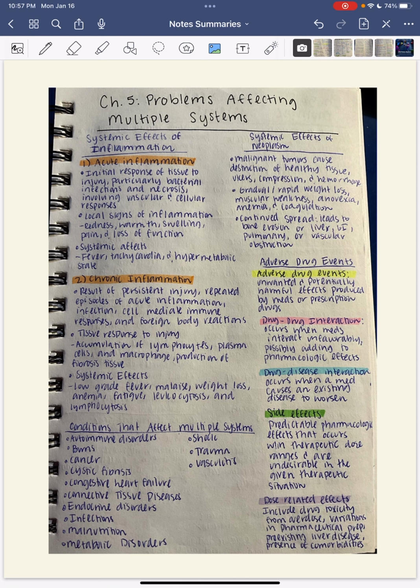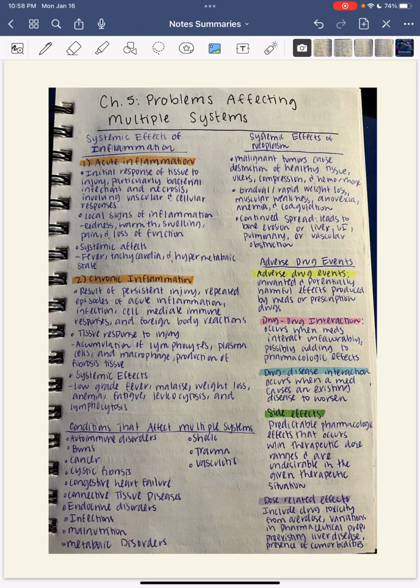So when healthy tissue breaks down, it becomes too compressed, and it starts bleeding from hemorrhages and ulcers. Gradual, rapid weight loss, muscular weakness, anorexia, anemia, and coagulation are also causes. The continued spread leads to bone erosion or liver, GI, pulmonary, or vascular obstruction.